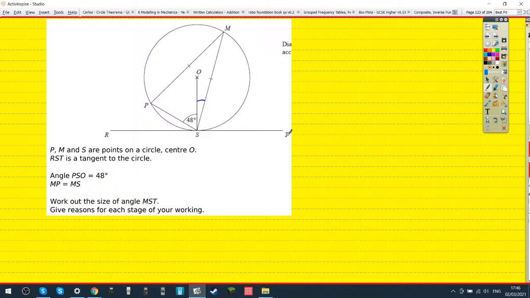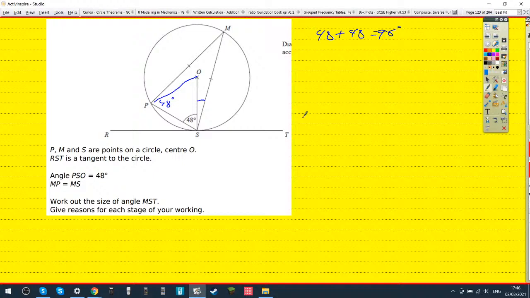Oh. So how? I'm just thinking, I don't know quite the easiest way, but maybe if we join that up. So that must be 48 as well.